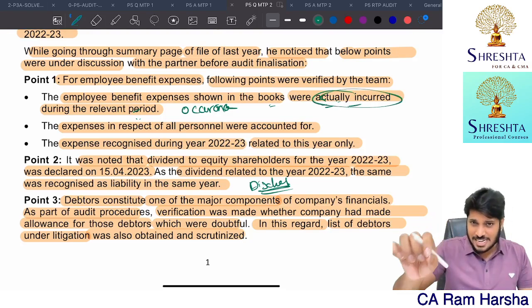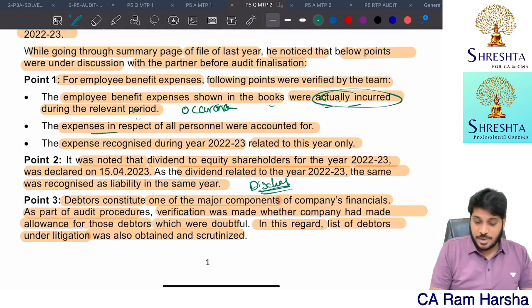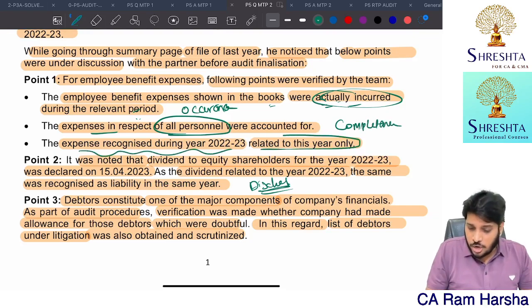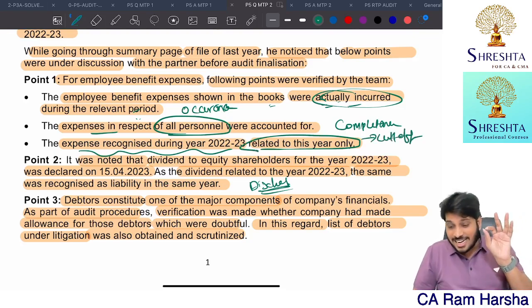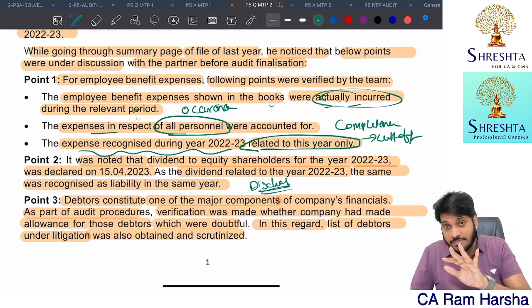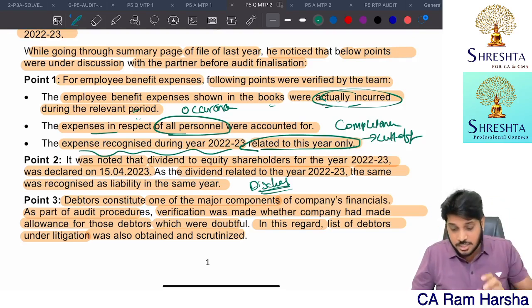Are they actually incurred? Are they really existing? Occurrence. Expenses for all employees: completeness. Whether the expenses are related only to the year: cutoff. So 3 items: occurrence, completeness, cutoff. These 3 were verified, in respective order: occurrence, completeness, cutoff.